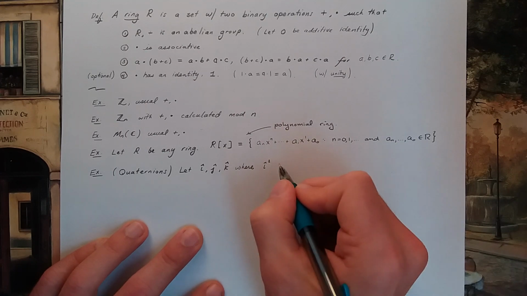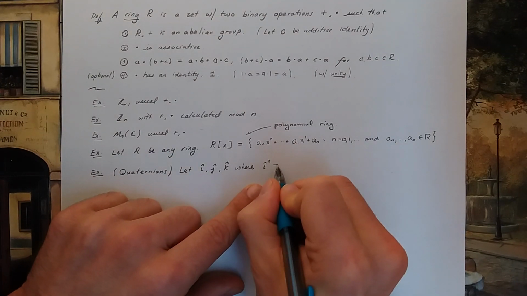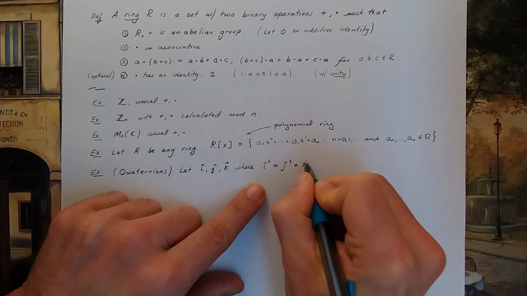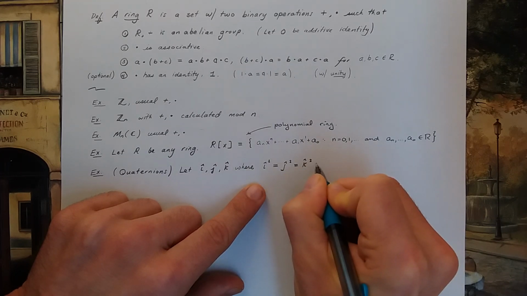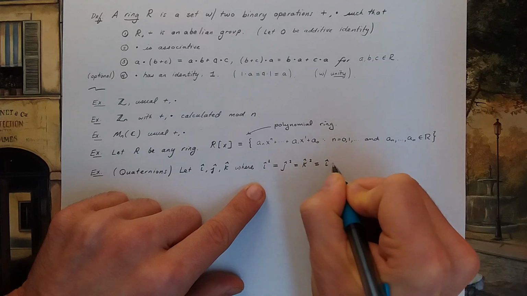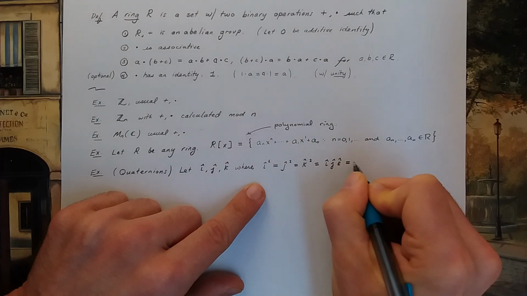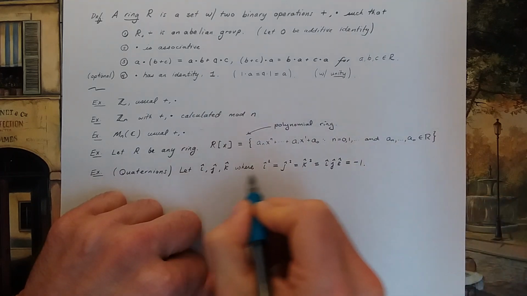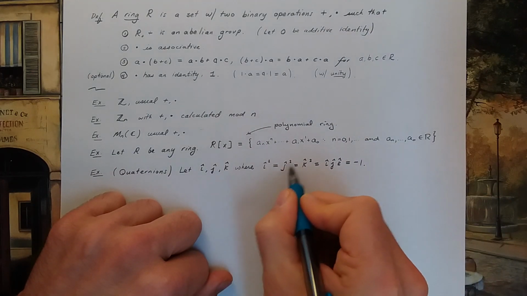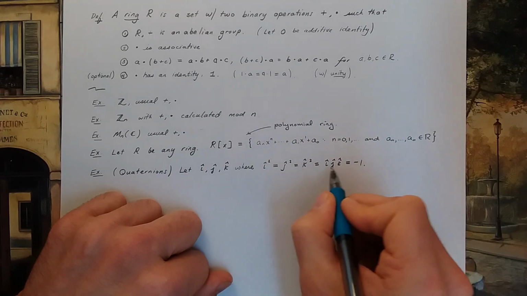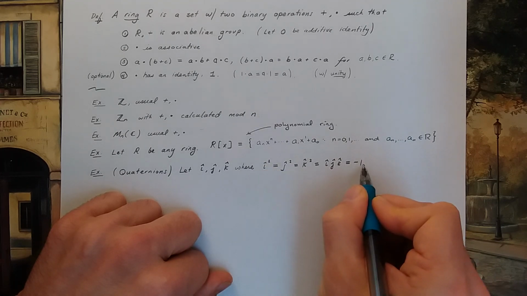I squared is going to equal -1, but I'm going to also demand that of j squared and k squared. And if I multiply i, j, and k in this order, I also get -1. So I'm going to say that i squared, j squared, k squared is -1, just like the complex numbers. And also ijk is -1.